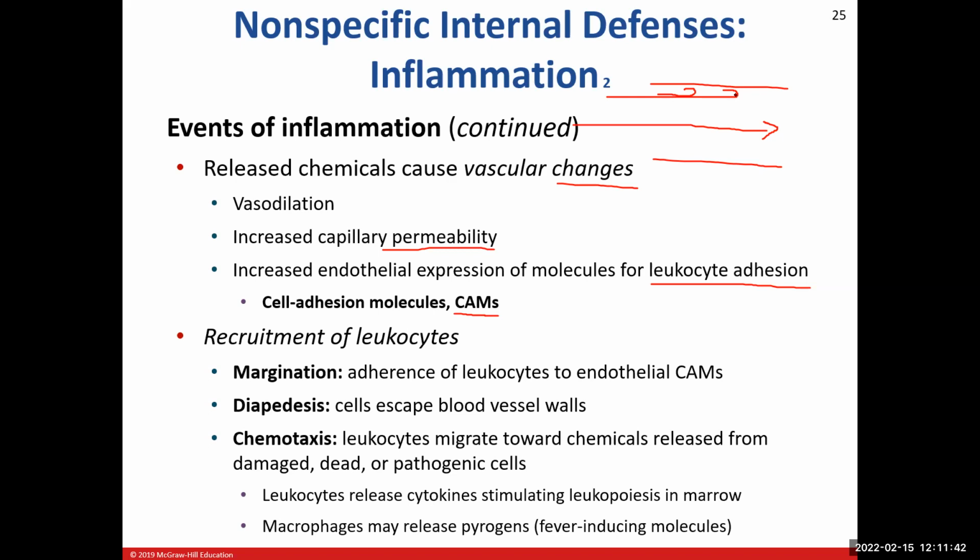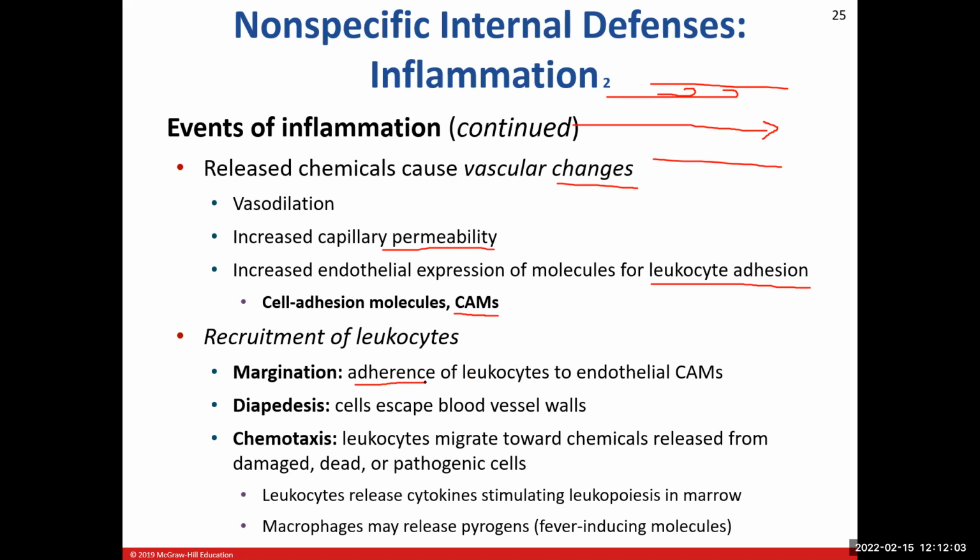Once that happens, when we get the leukocyte to adhere, we call that process margination. And margination is basically on the margin, the edge of the blood vessel, in which the leukocytes are going to stick onto the endothelial cells.